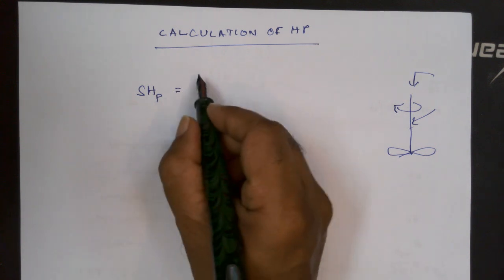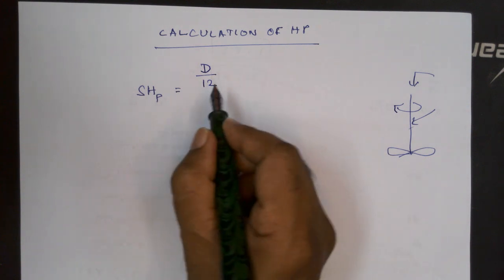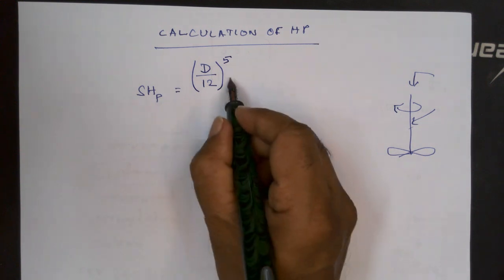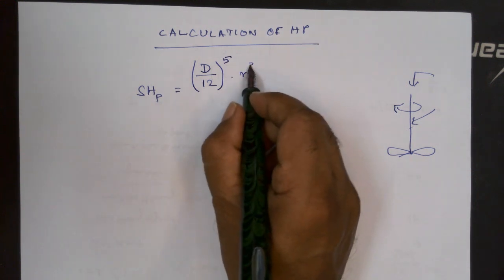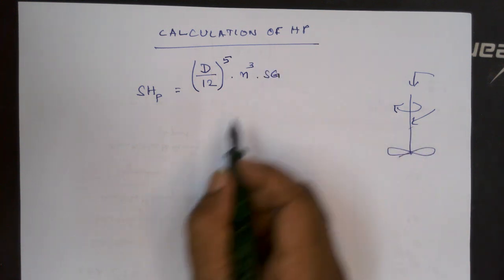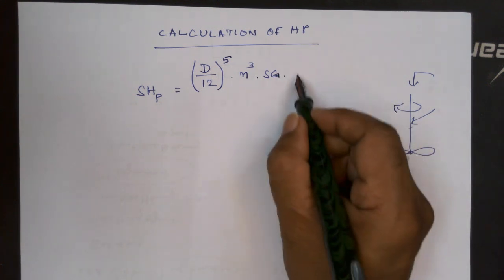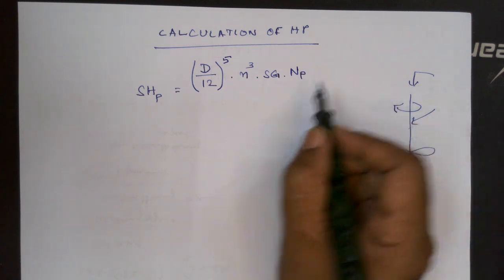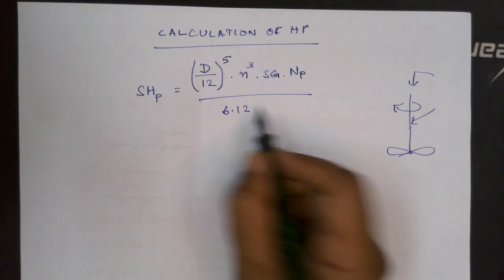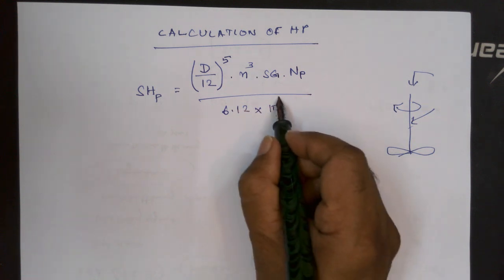First of all, let me introduce this important equation: SHP equals (d divided by 12) to the power 5, into N cube, into Sg, where Sg means specific gravity, into Np, whole divided by 6.12 into 10 power 7.